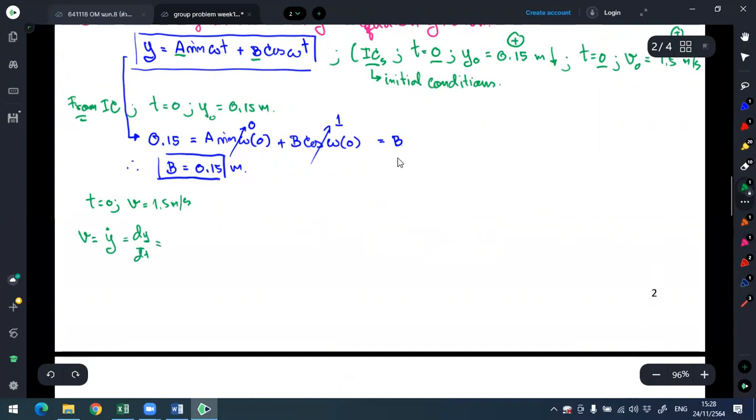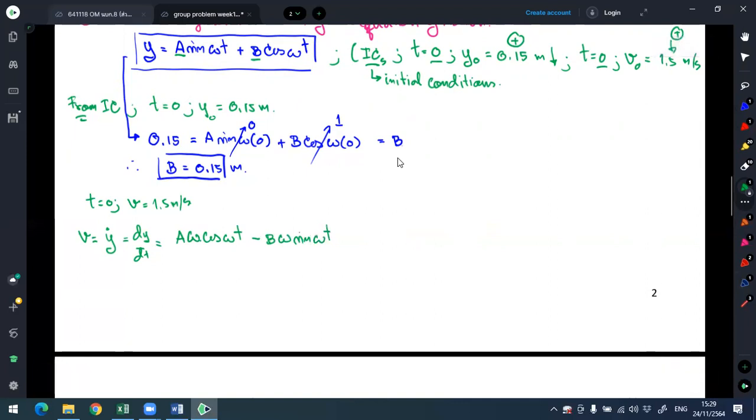From this equation, we take the derivative, and it becomes a omega cosine omega t minus b omega sine omega t.